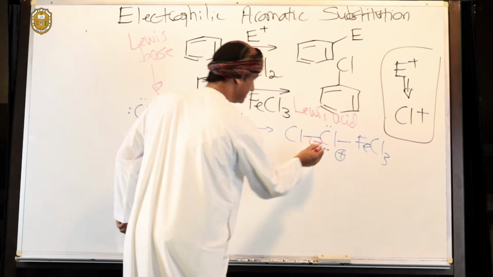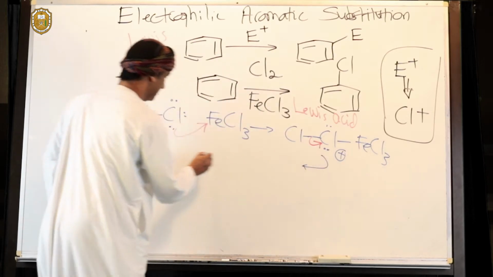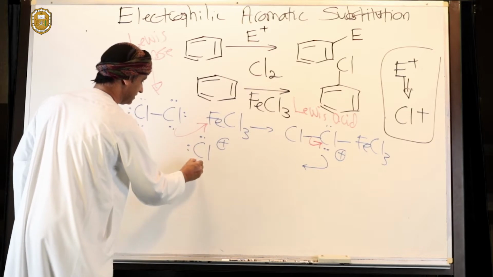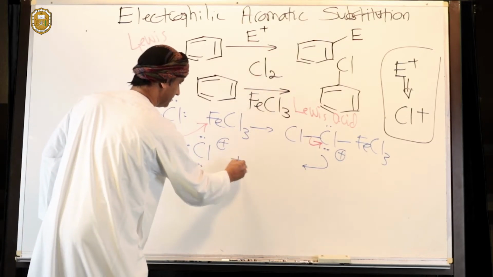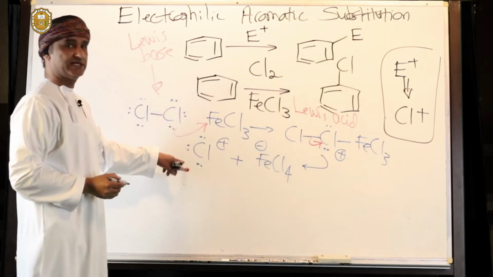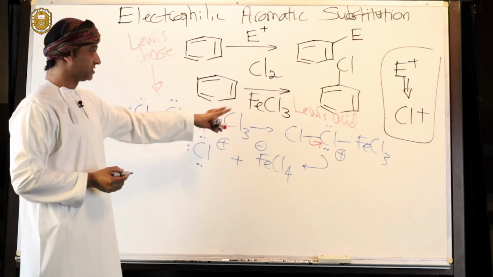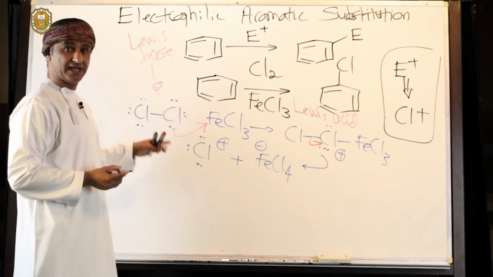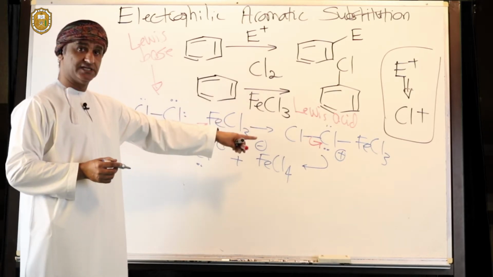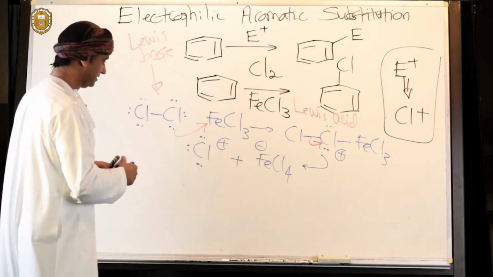So that Cl-Cl bond is broken, and the electrophile required, which is this one here, is formed, plus FeCl4 minus. So this is the electrophile that we identified at the beginning, and this is how it's formed. Mechanistically, chlorine behaves as a Lewis base, iron 3 chloride behaves as a Lewis acid. That intermediate gives us the electrophile required, which then initiates the reaction.